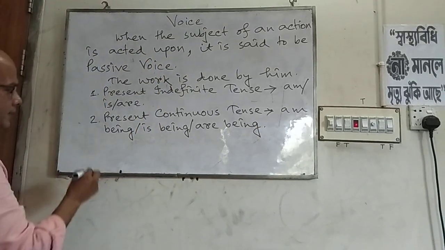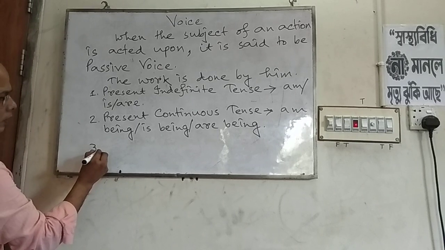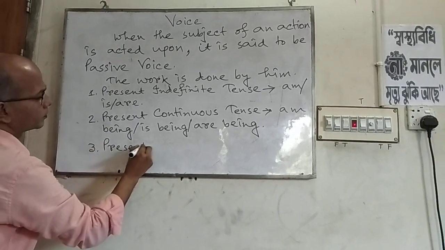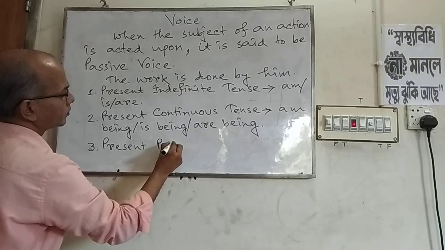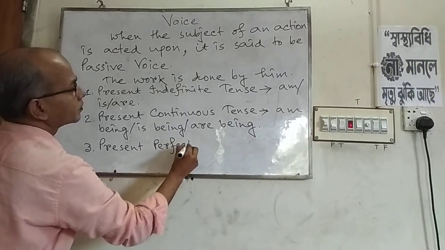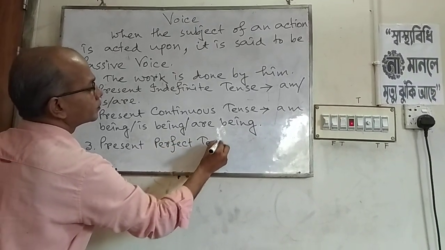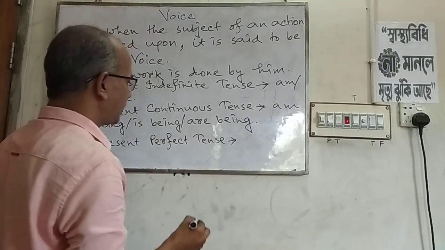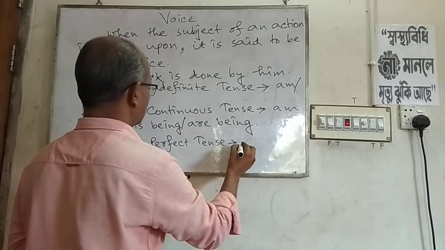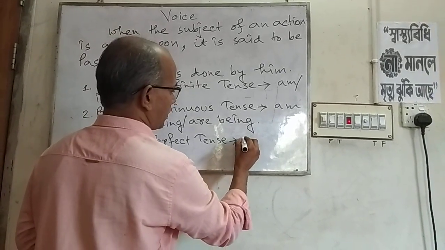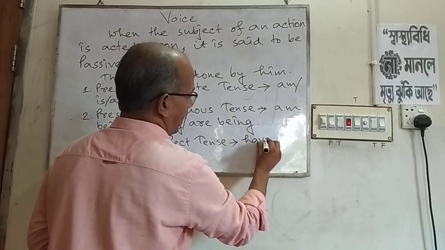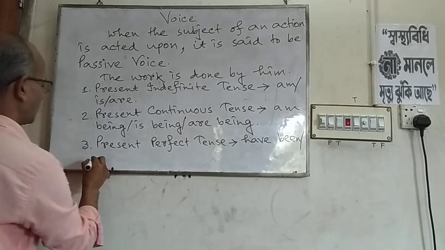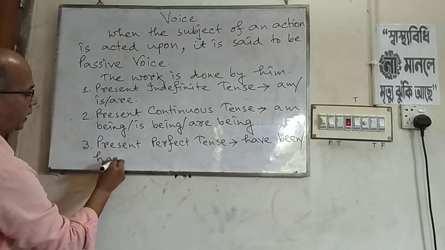The third one is present perfect tense. Here the auxiliary verbs are have been, has been.